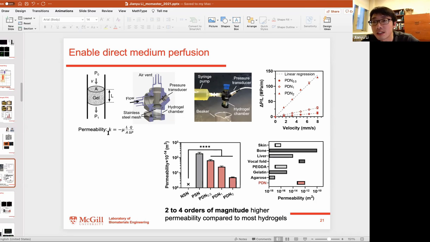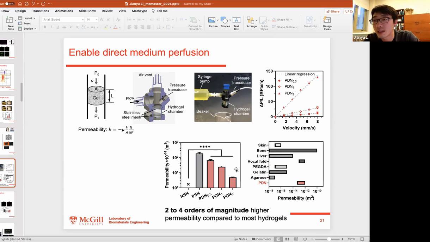Collagen is a fibrous gel, and it has micrometer pore size. We happen not to include it in this plot, but I would expect the permeability will also be high for collagen because they are based on microfibers.